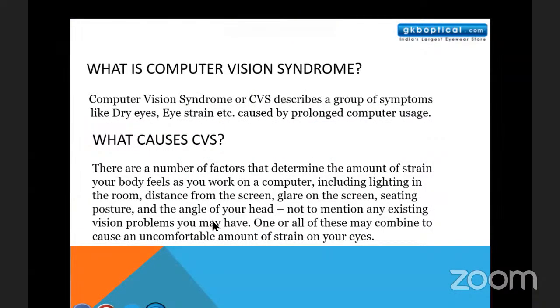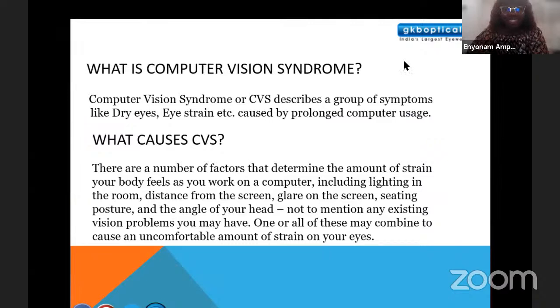Okay. So as you can see on the screen, one will ask what computer vision syndrome is. It describes all the things you feel, like dry eyes, fatigue, strain, and pain, when you use your computer a lot, staring at the screen for a long period of time. And someone would ask what causes CVS.